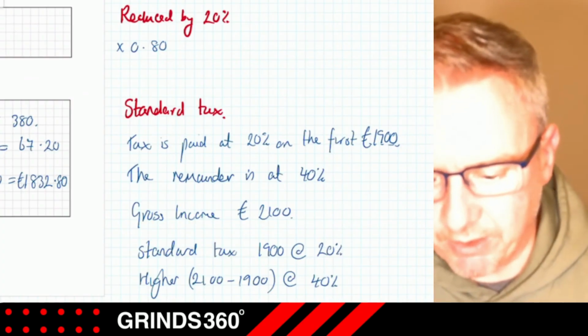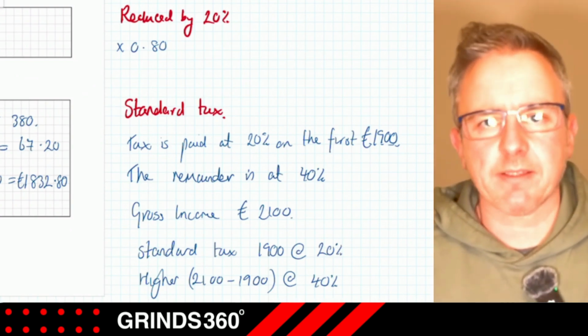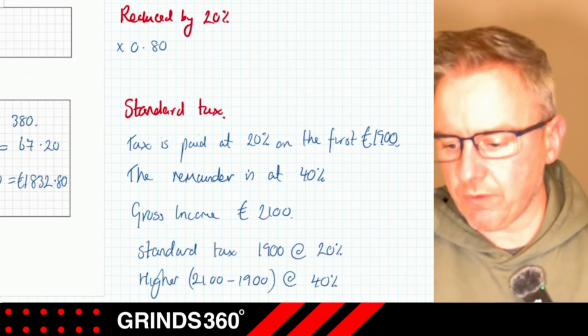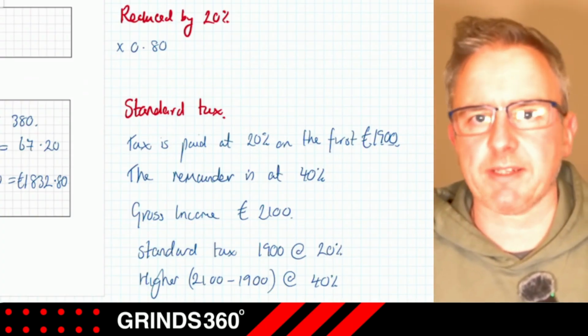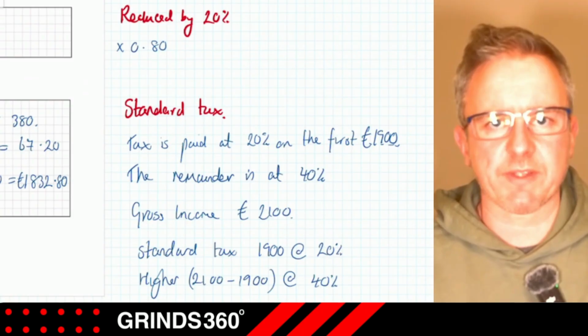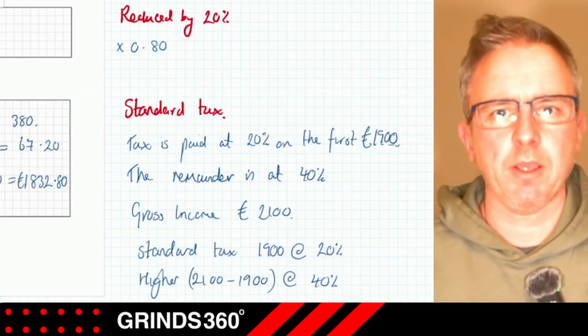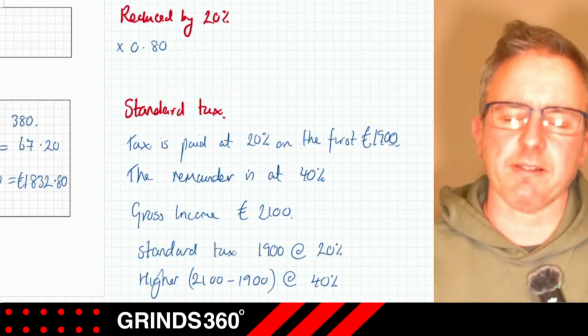Quick question there, does it matter if you forget the euro sign? So sometimes it depends on the marking scheme. In 2024, they were saying to accept the correct answer without units. What we have to remember though is sometimes, say if the distinctions were running really, really high, they'll penalise you for things like not having the units in.